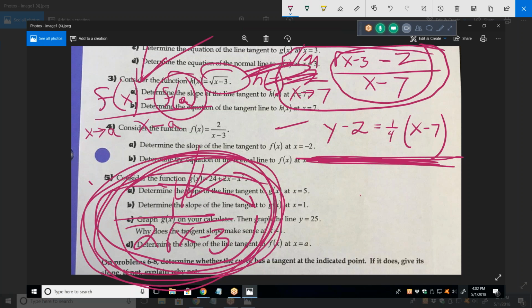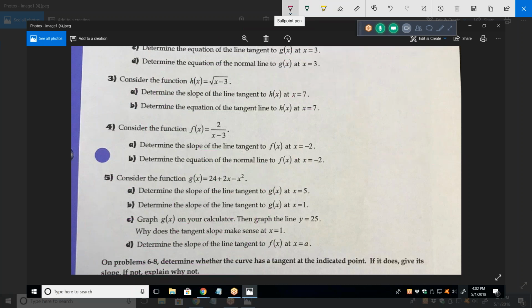I don't honestly think it's worth the time doing that method. I definitely understand why they want you to know how to do the limit quotient method. So I'm going to suggest that as we go through these, we use the limit quotient method on everything.